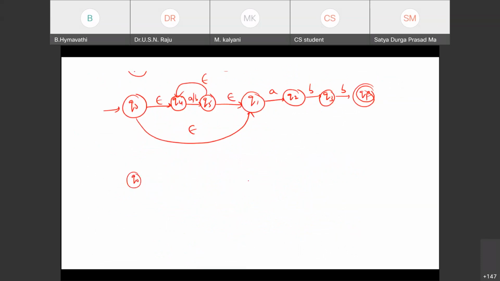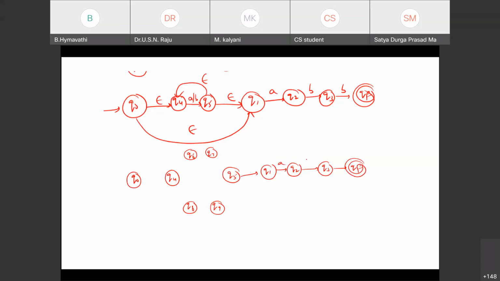This is Q4 and this is Q5, and I'll say this is Q6, Q7 and Q8, Q9. After Q5, the diagram is as it is: Q1, then Q2, Q3, QF.